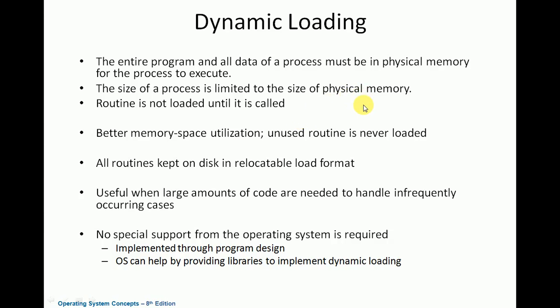It means the size of the process or program that you want to load into main memory should not exceed the size of the physical memory. You know that the physical memory is shared. At the beginning, some amount of memory is allocated to the operating system and the remaining memory space is given to the user programs. So whatever program you want to load into the main memory, its size should not exceed the available physical memory.